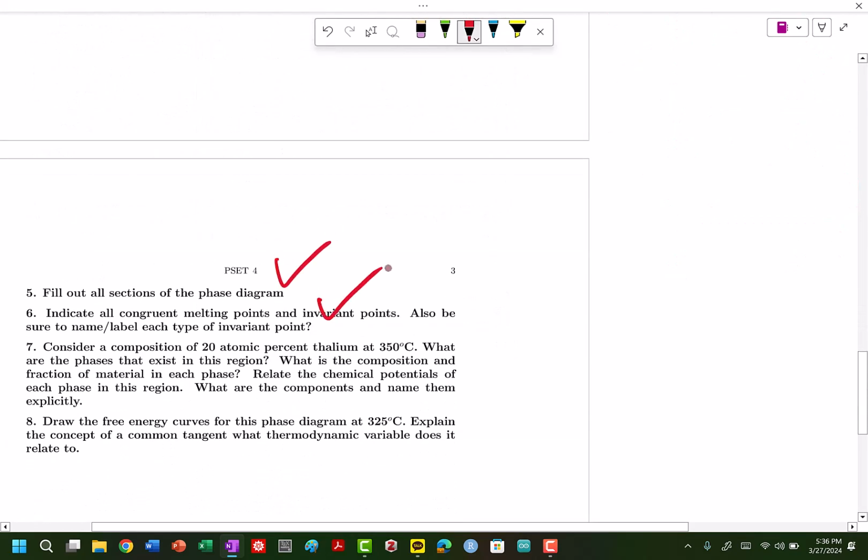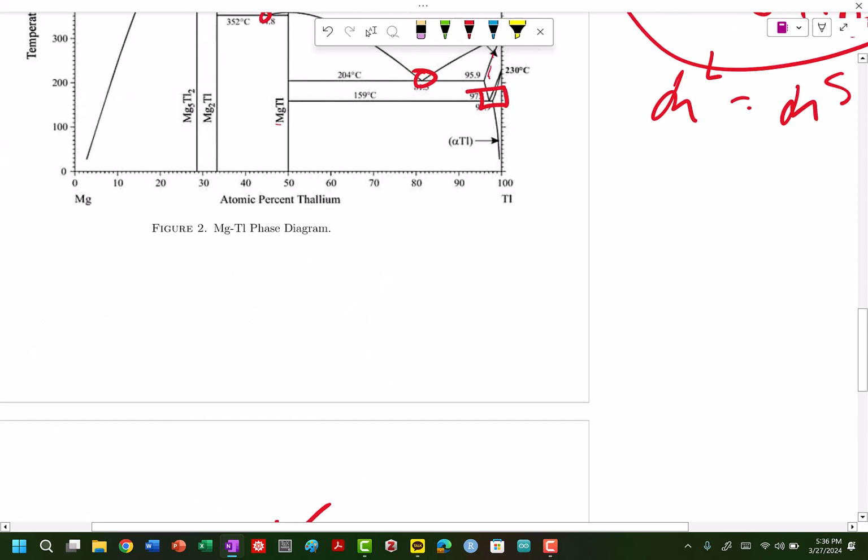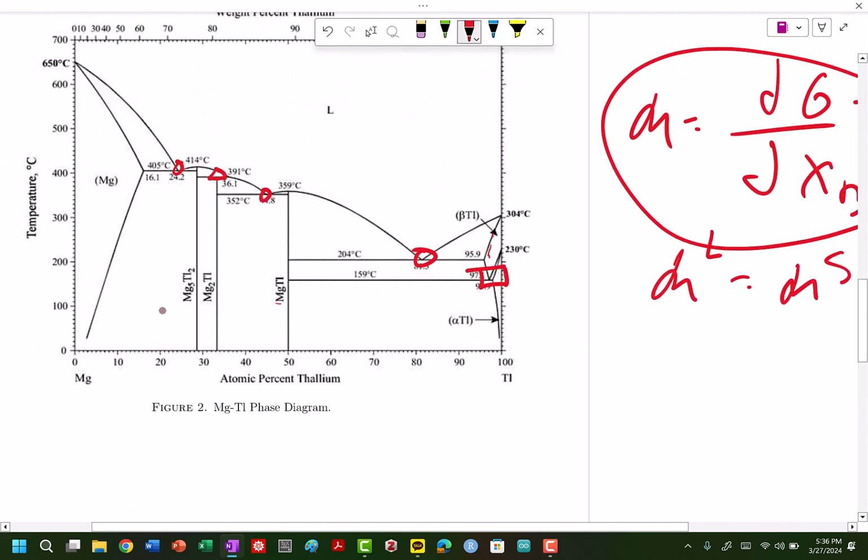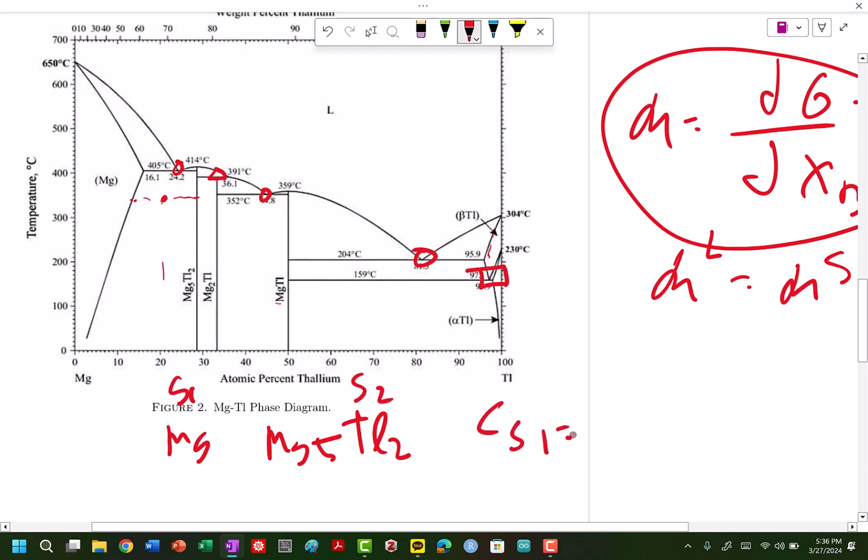20% thallium at 350. So we're like right over here. Excellent. So we are in a two-phase region, in Mg and also Mg5Tl2. I'm going to call this solid 1, solid 2. The composition of solid 1, I'm going to run over here and go down. Let's say that's like 12. The composition of solid 2 will be over here, run here.